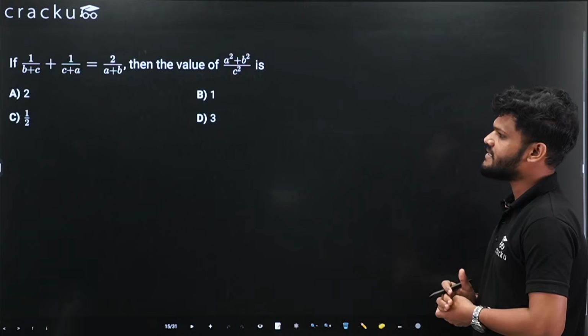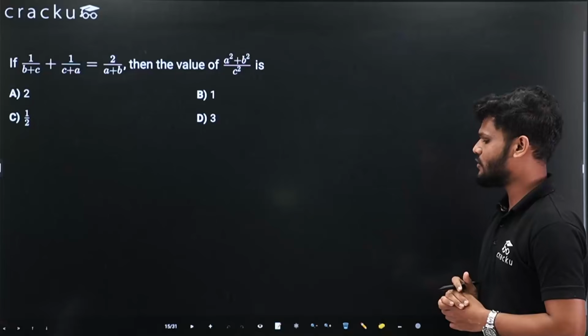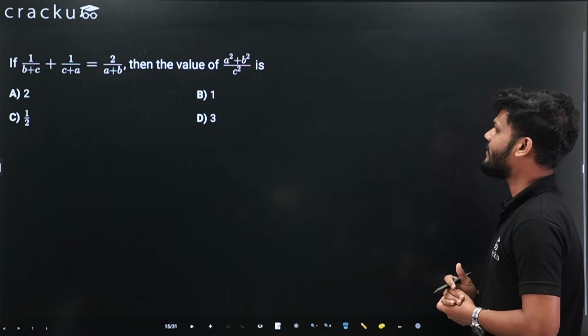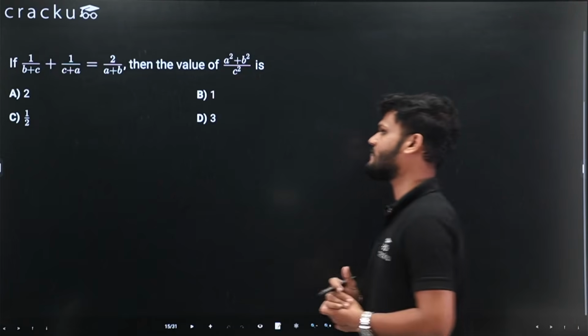In this question we are asked: 1 upon B plus C plus 1 upon C plus A is equal to 2 upon A plus B. Then what is the value of A square plus B square upon C square? So let us find out.